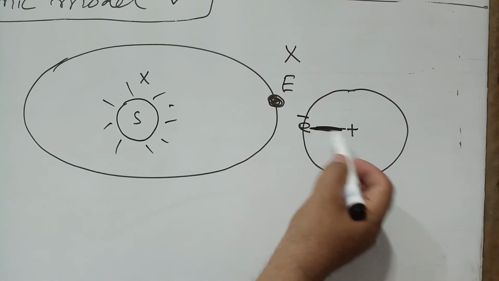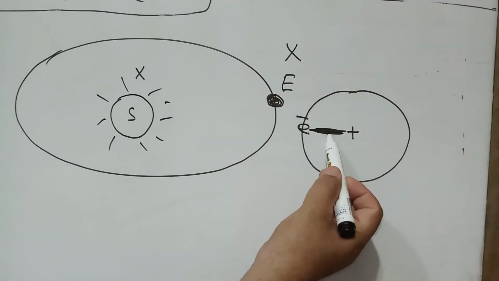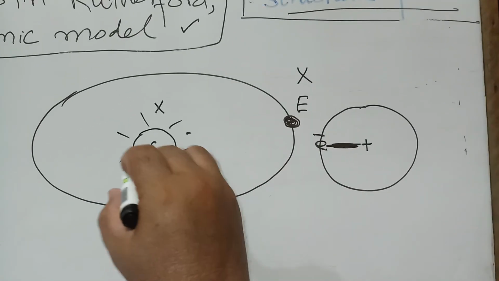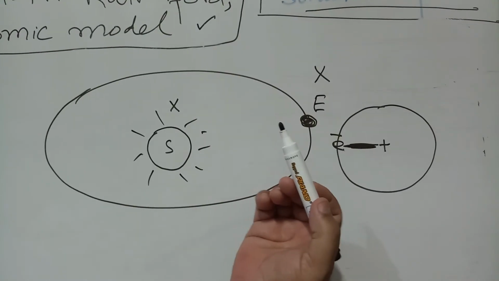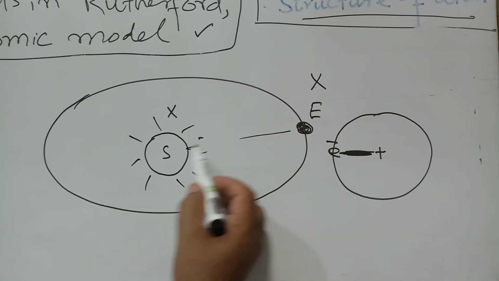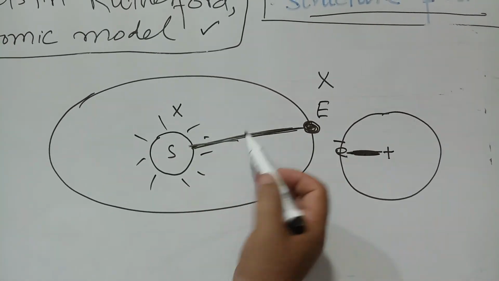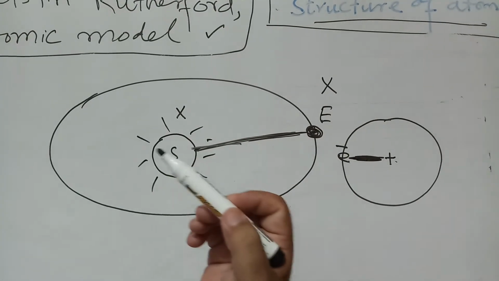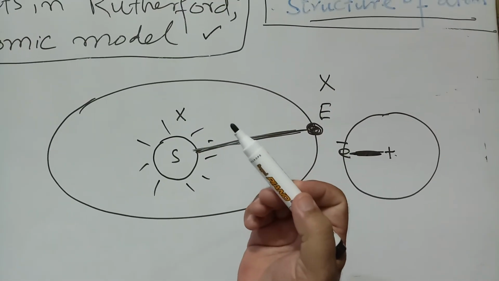Here the force between them is electrostatic force of attraction. As far as the earth and sun are concerned, they have gravitational forces of attraction. So how can we compare neutral bodies with charged bodies? This comparison is totally wrong.